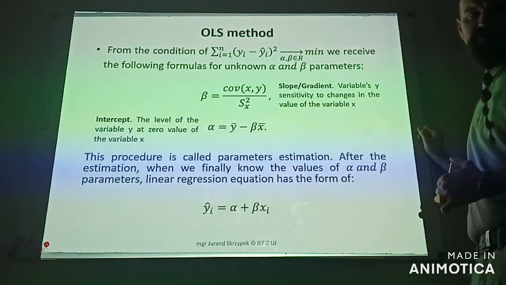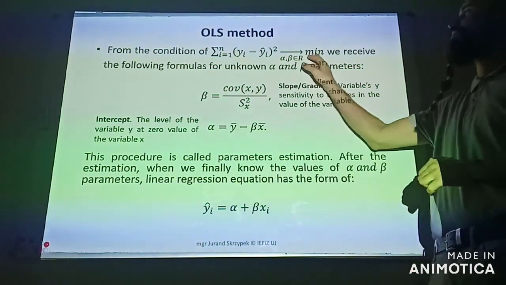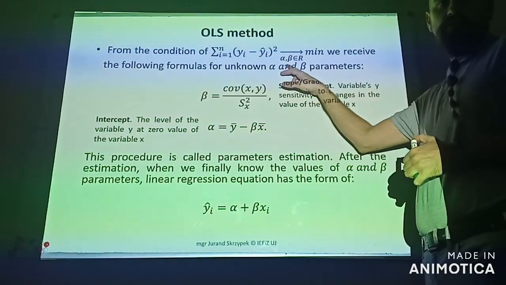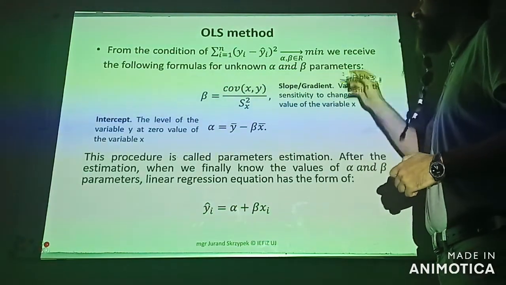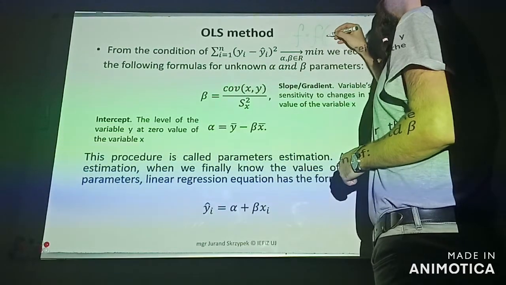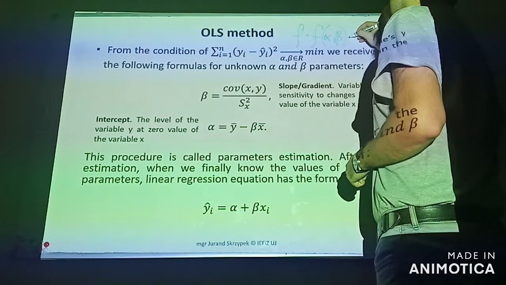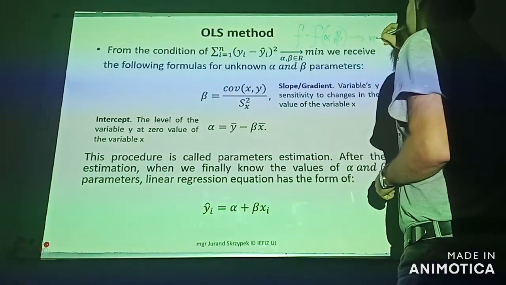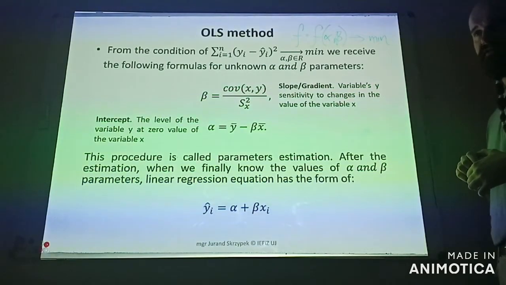We have to solve a mathematical problem, which is the minimization of a function which has two variables, alpha and beta. We are trying to minimize this function. Alright, it means that we need to know some advanced mathematics.